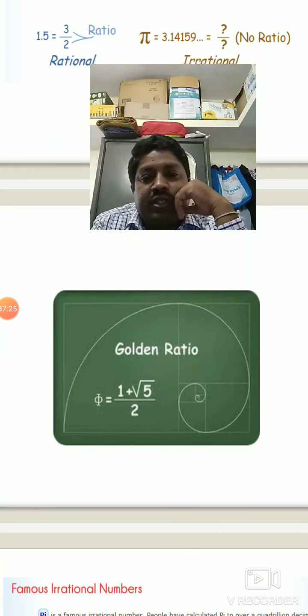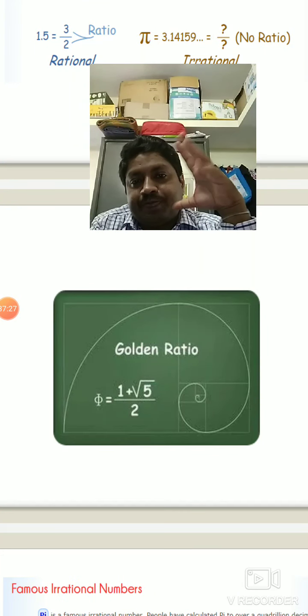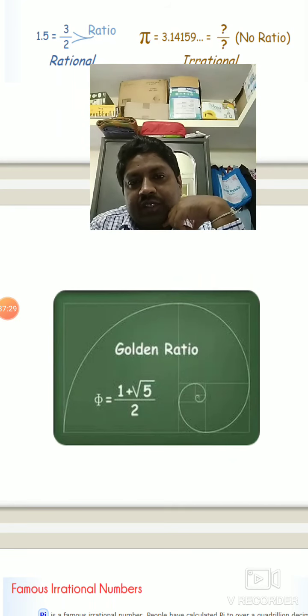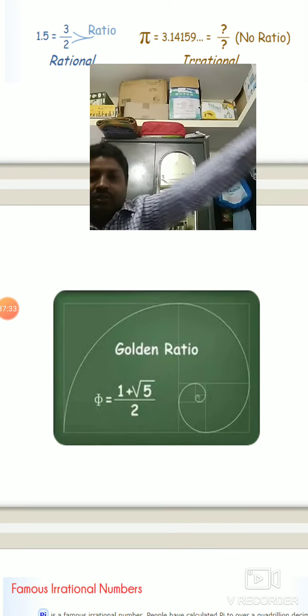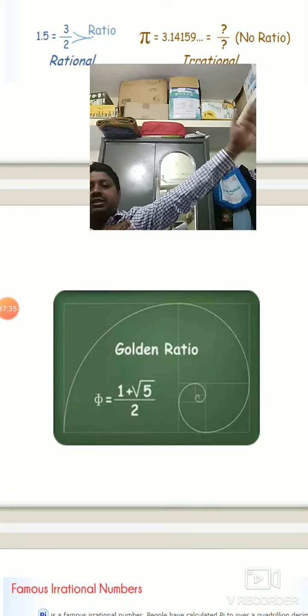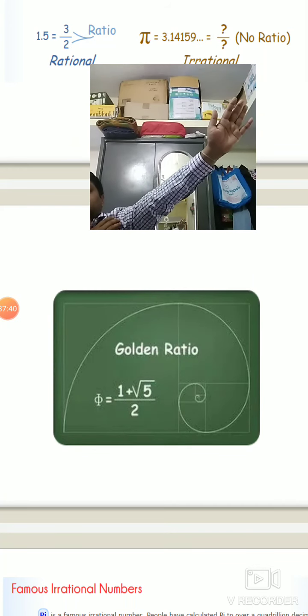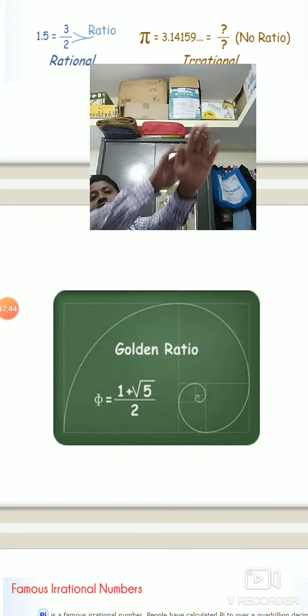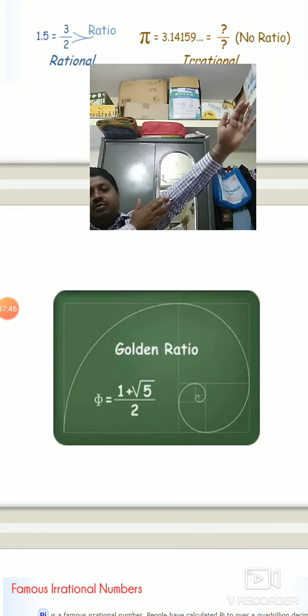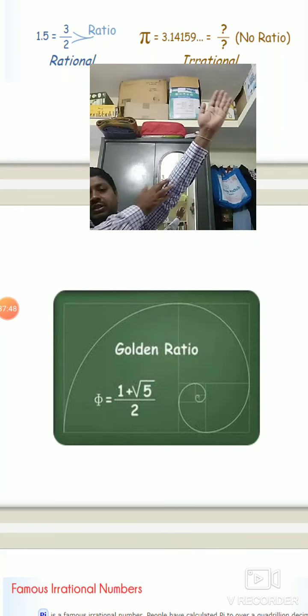I'll give you homework: find out where you can find the golden ratio. You can see my hand is built on the golden ratio itself. For example, see children, from the elbow up to the finger it is 1.6, and this part is 1.